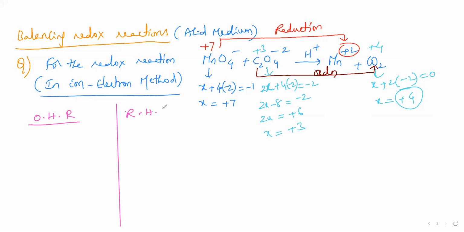This is the reduction half reaction. What is the oxidation there? C2O4 minus 2 gives rise to CO2. Reduction: MnO4 minus gives rise to Mn plus 2.